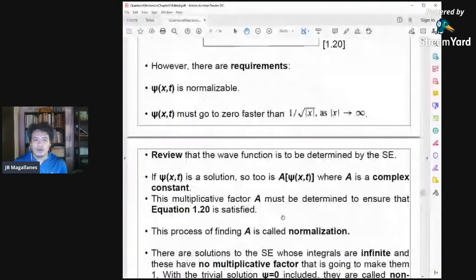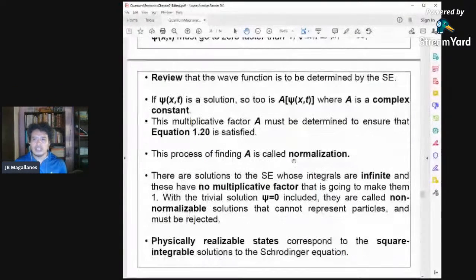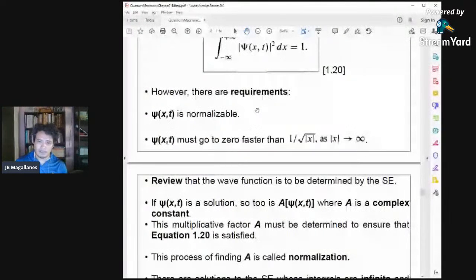So again, the wave function is a solution to the Schrodinger equation. Let's look at the Schrodinger equation again.